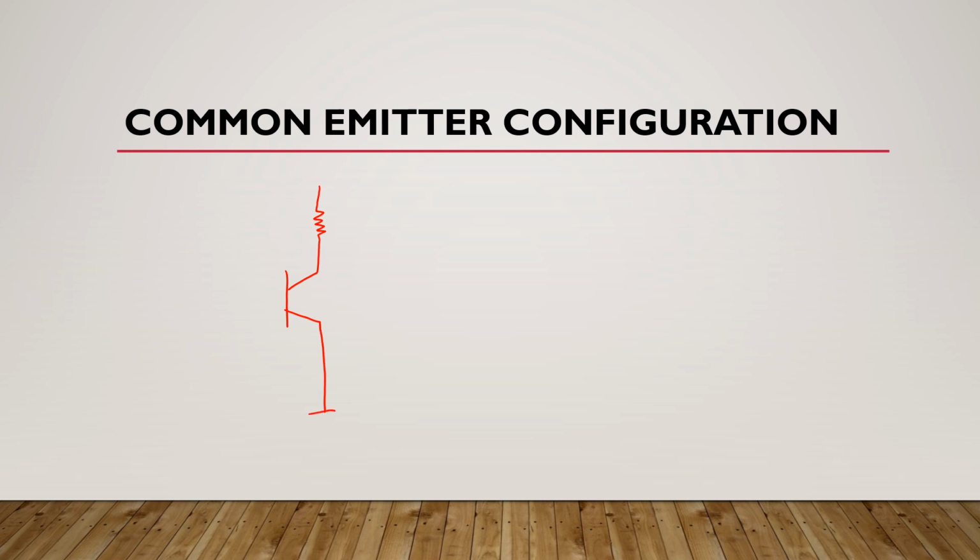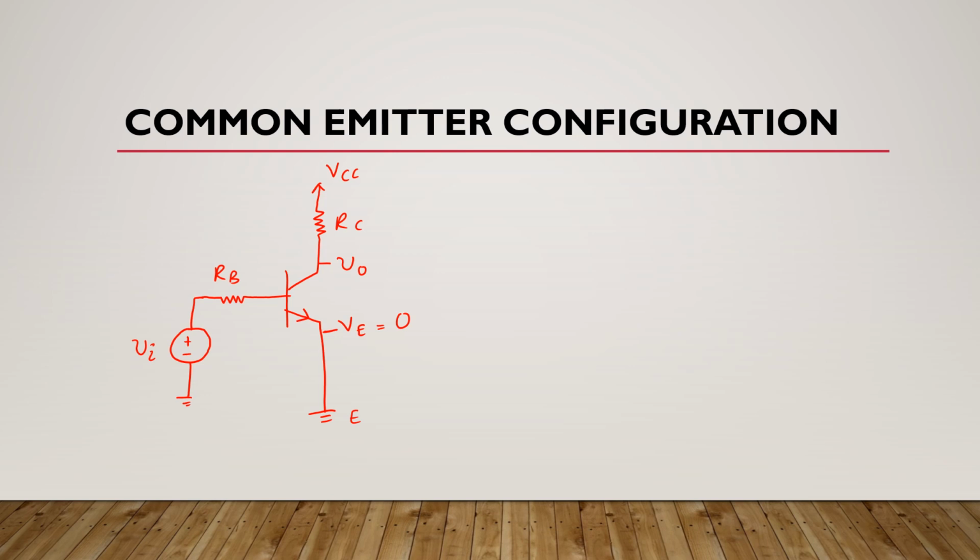Suppose we are talking about NPN transistor here, it means here arrow will be here, and if we have base resistor here, and here we have AC input supply, it is VI, which is input voltage. Here we have VCC, this is RC, and here we have output voltage, and this is emitter, which is grounded. It means here this nodal voltage will be 0.